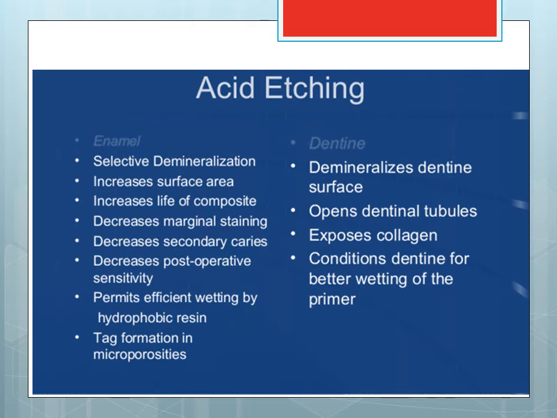If you have done a good, satisfactory etching, then obviously the bonding of the composite will be better. It will be retained, it will be durable. Decreases marginal staining, decreases secondary caries, decreases post-operative sensitivity. Again, these three factors are related to the fact that your composite filling was successful. Permits efficient wetting by hydrophobic resin and tag formation.